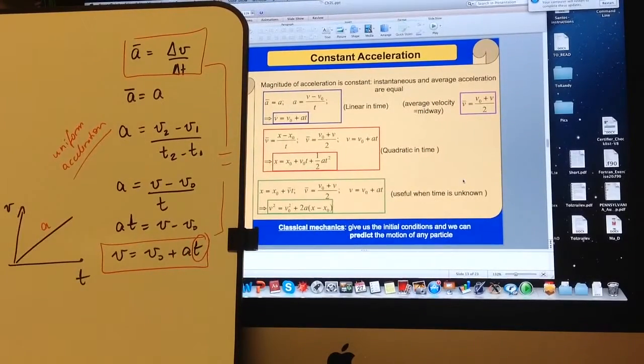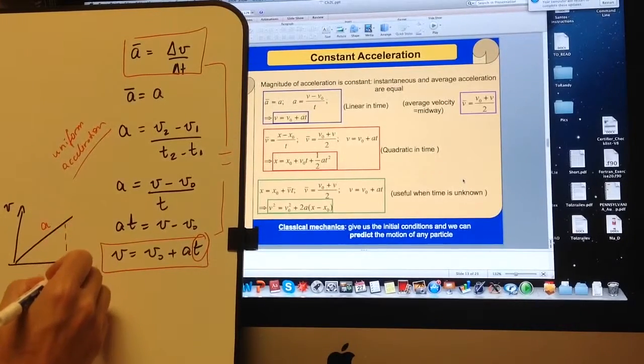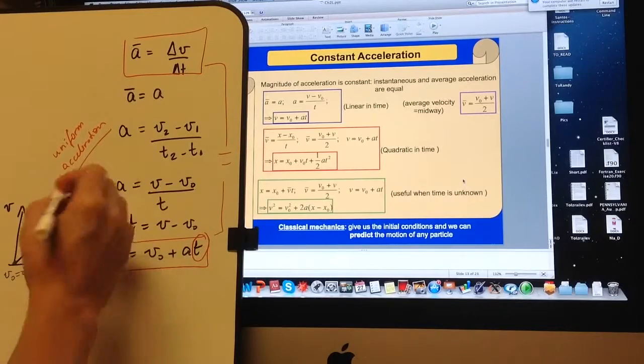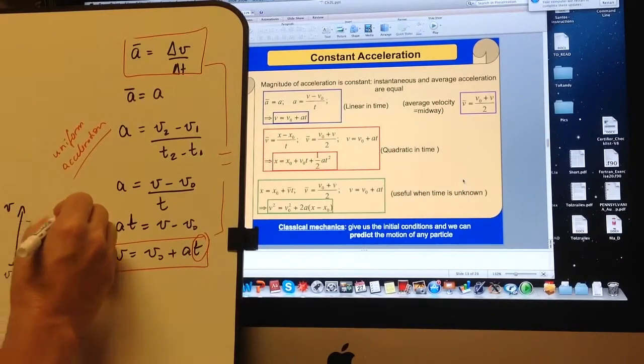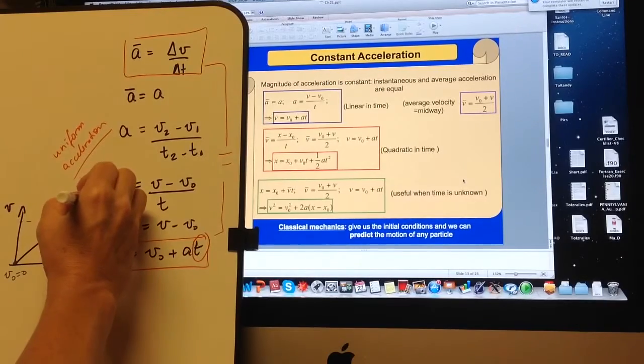Okay, so basically what we are saying is that suppose I had a motion from time 0 to a certain time, 10 seconds for example. At time 0, my initial velocity, let's say, was 0. At time 10, let's give a value for it, my final velocity was 200 meters per second.